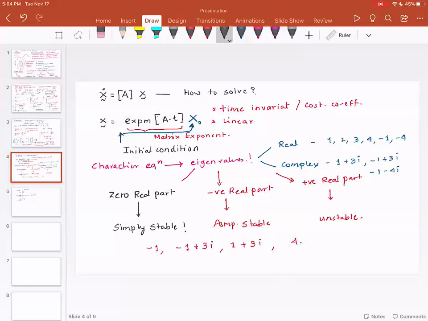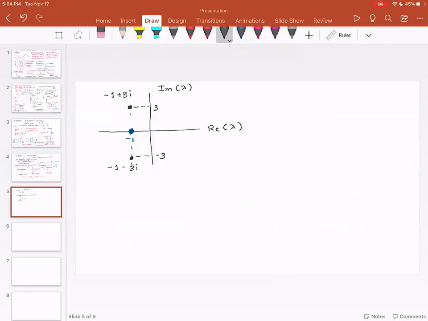And then the last eigenvalue is 4. So I'm going to plot this eigenvalue 4 over here.